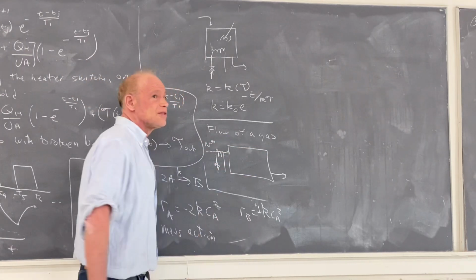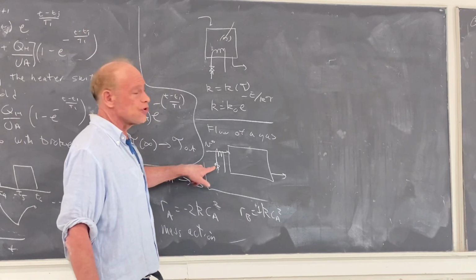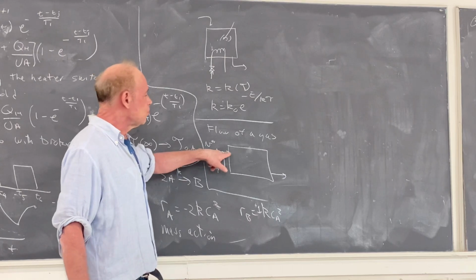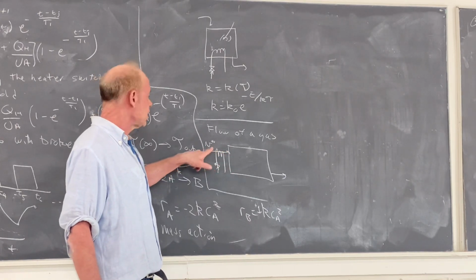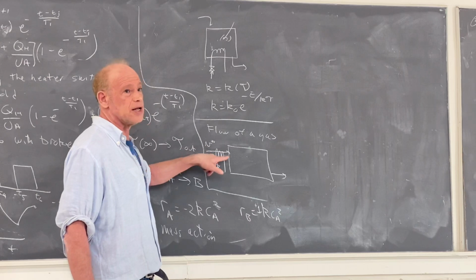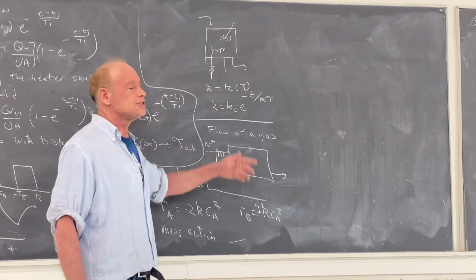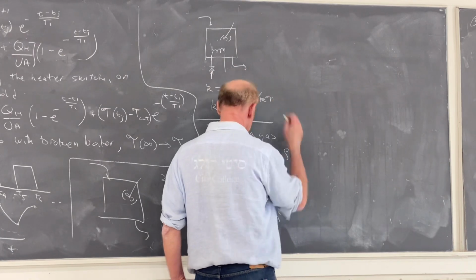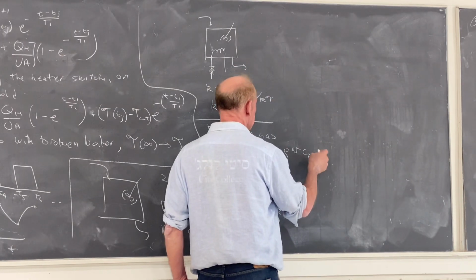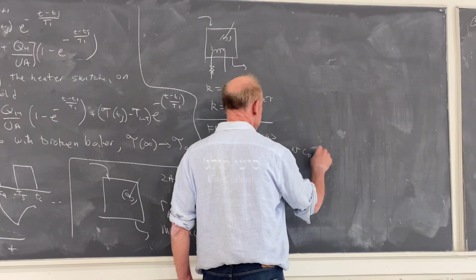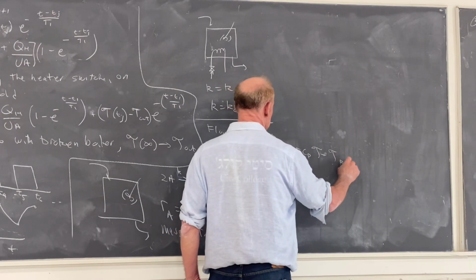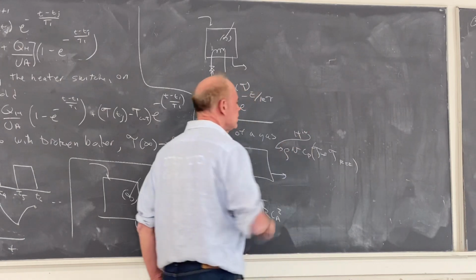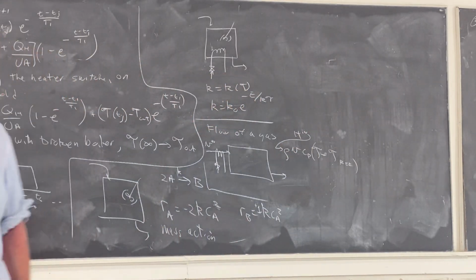If I change the flow rate of the coolant, it will affect what's coming in here, because I've got a volumetric flow rate times, for example, rho V Cp times T minus T reference, which is the H in, where H is the enthalpy.